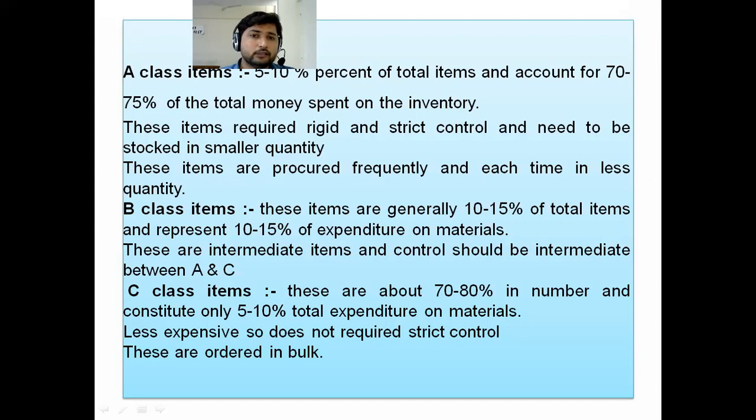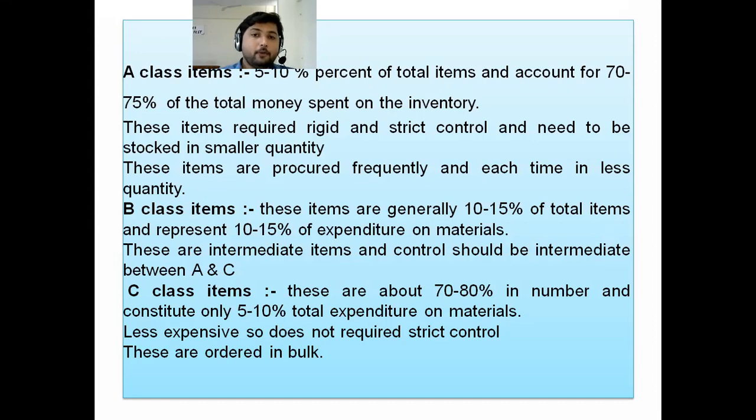So for the C type of item we do not require that much control, but for the A type of item we require maximum control, because more cost is involved in the A type items.